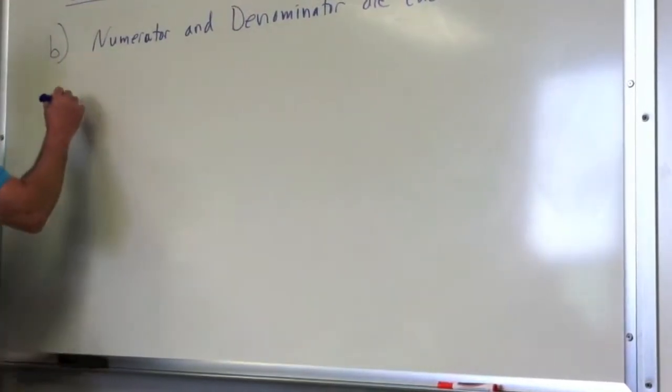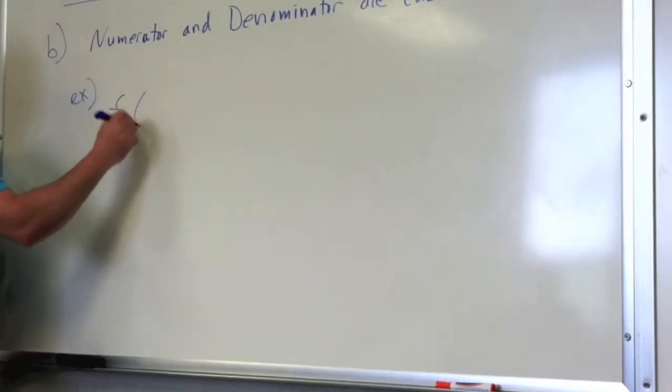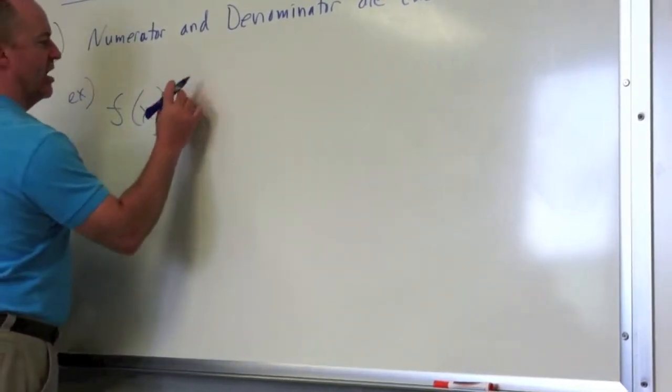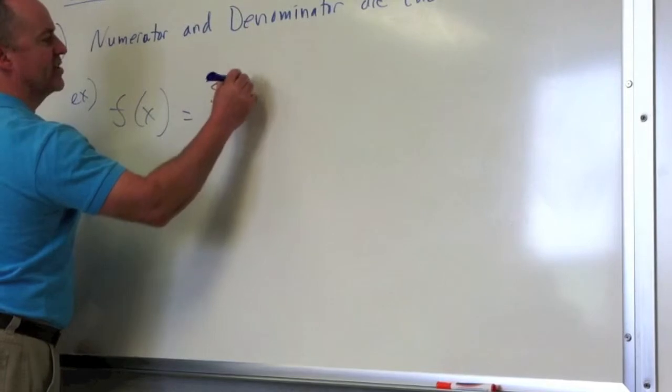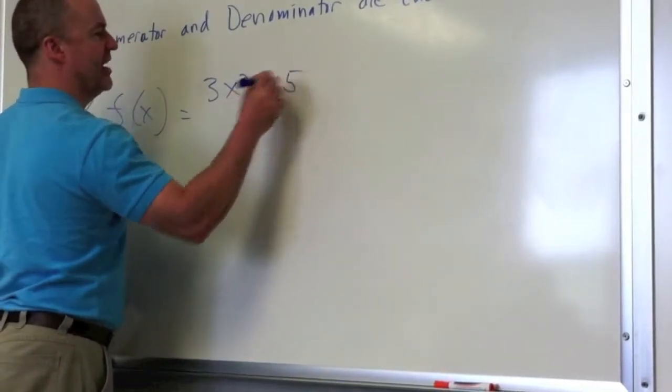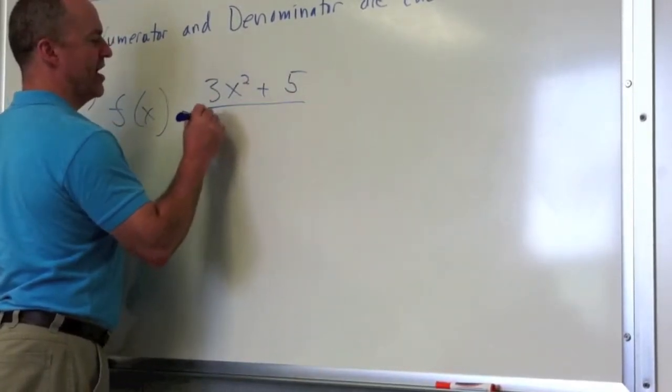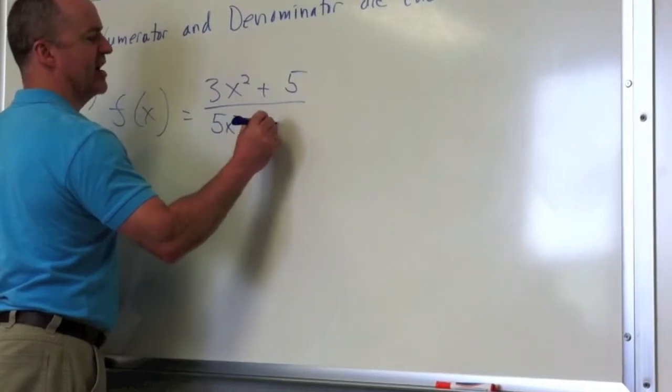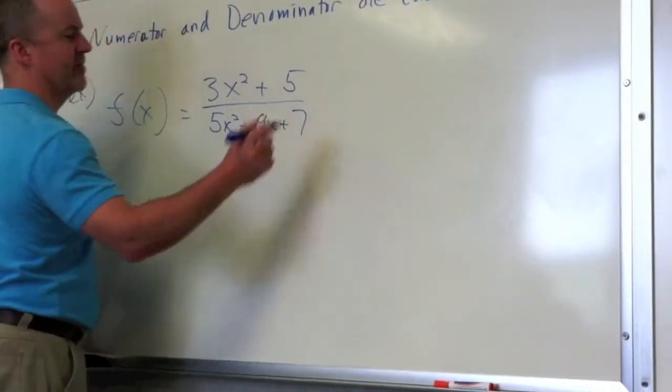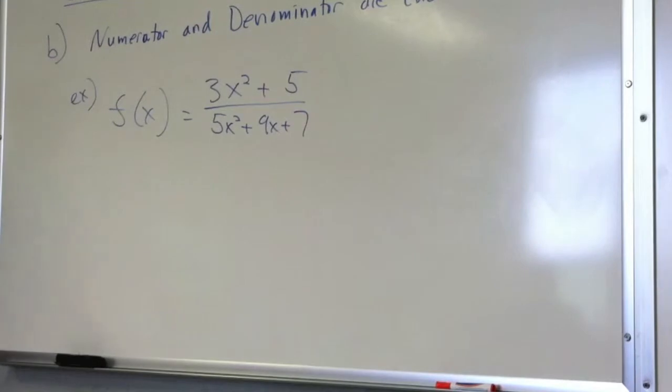For example, f of x equals 3x squared plus 5 over 5x squared plus 9x plus 7. I'm going to stick with what Janan asked about. How do I know what the asymptote is? Well, the horizontal asymptote is the limit as the function approaches either positive or negative infinity.